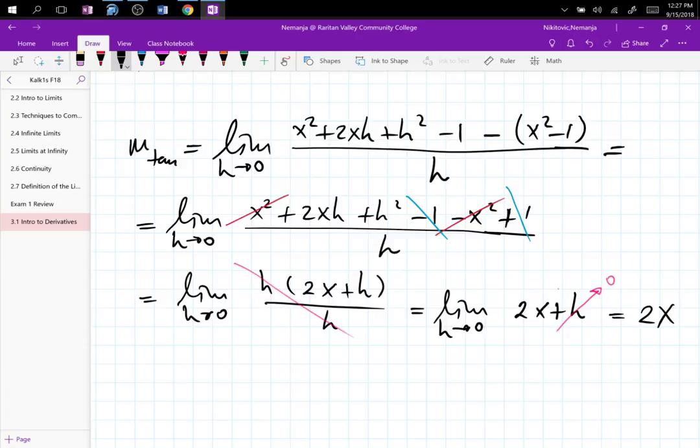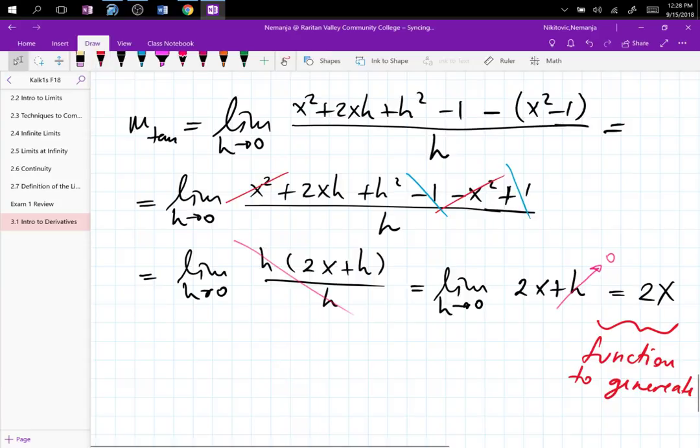Alright, now we need to talk about this a little bit, right? Because we've seen this cool thing, and what I have over here is no longer a specific slope. I have a function to generate any slope. And I made sure I screamed that word, any slope.